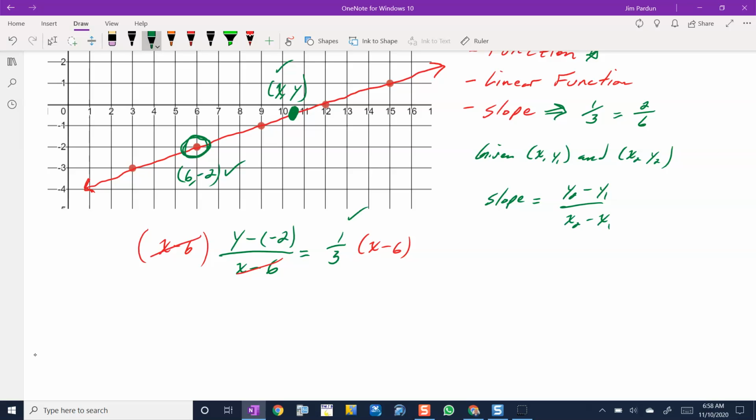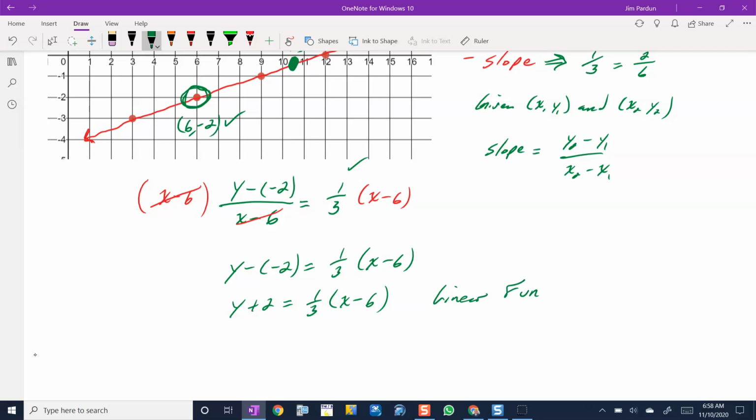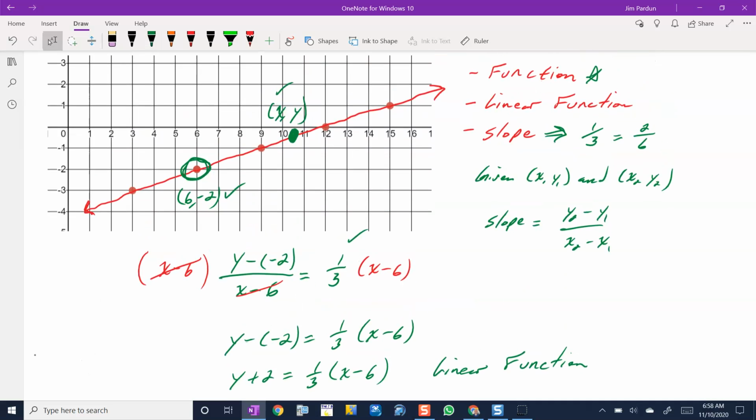Then I end up getting y minus -2 is equal to 1/3 times x minus 6. Or I can rewrite this as y plus 2 equals 1/3 times x minus 6. And this is going to be my linear function that not only relates x and y together, but it graphs this line right here that we see.